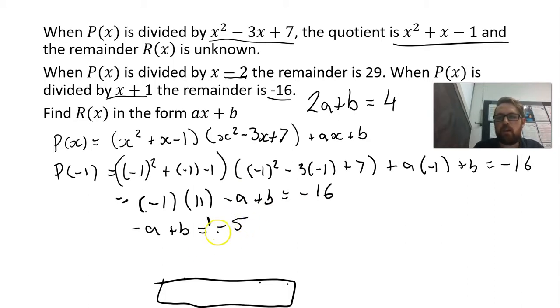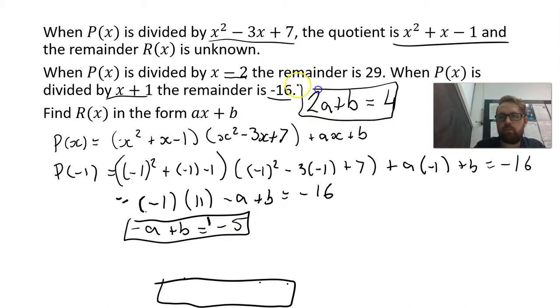Now we've got our second equation, as well as our first one. If we solve these simultaneously, we can do this lots of ways, so let's call these equation 1 and equation 2.